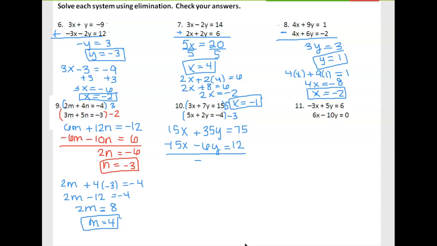So you get negative 29y equals 75 plus 12, which is 87, and 29 goes into 87 nicely 3 times. So you get y equals negative 3. That sounds more like what I was hoping for.